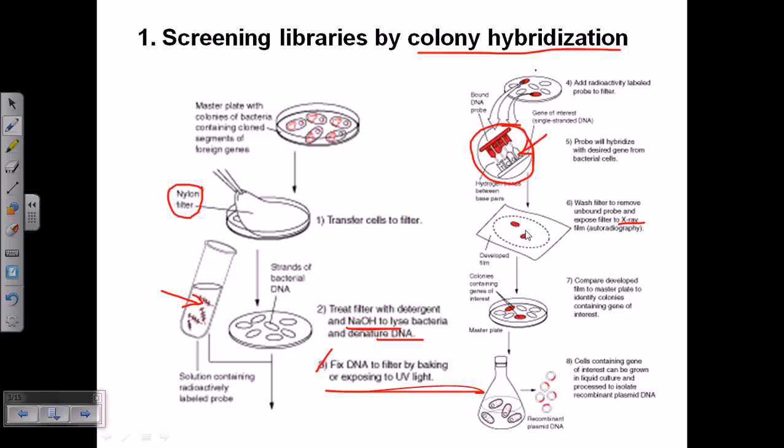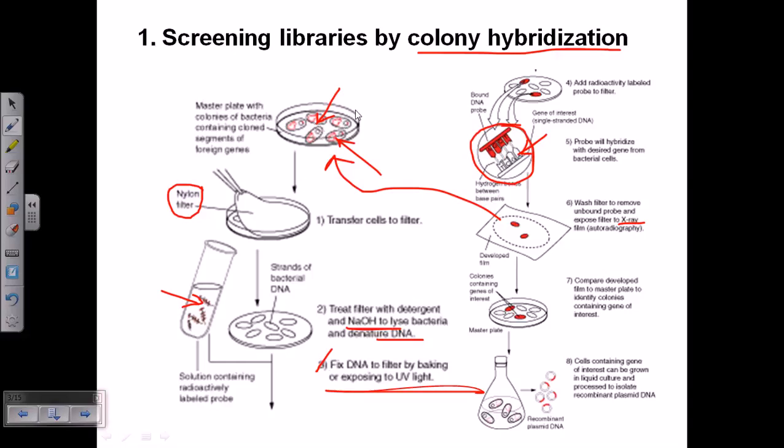Now we get an imprint from the master plate. So comparing this with our master plate, we can tell the location of the exact desired gene. For example, here this and this bacterial cell contain our desired gene. We can tell it by comparing this X-ray autoradiogram with our master plate design. Okay, so that is the end result.